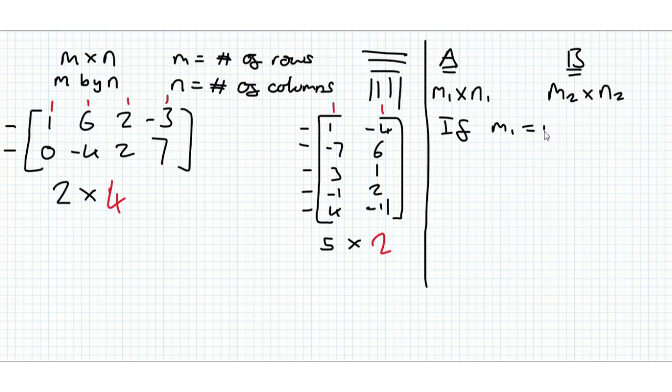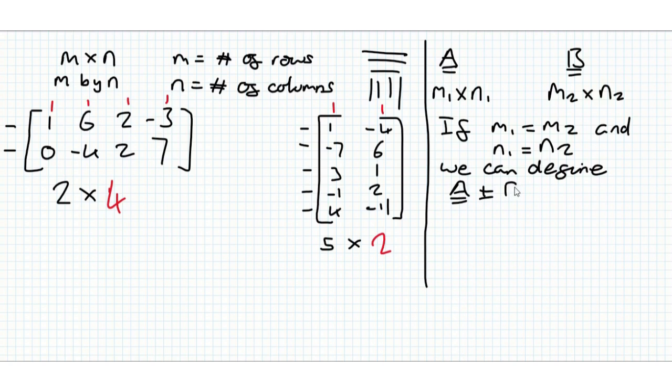So if m1 is equal to m2 and n1 is equal to n2, we can define A plus or minus B. And the way we do this, because our matrices are the same size, is with an example.